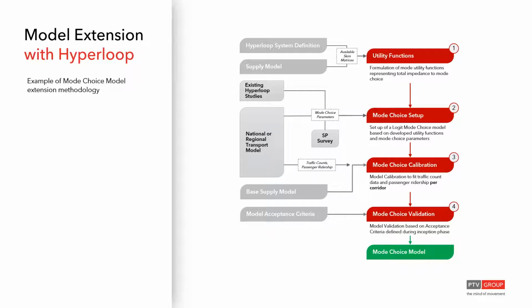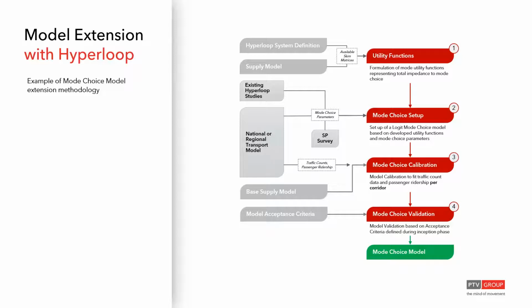I'm going to mention them a bit earlier. Assessment of the existing Hyperloop studies is very important as well, and there are quite a lot of them delivered already, available even on the internet, which show quite interesting conclusions from different perspectives.